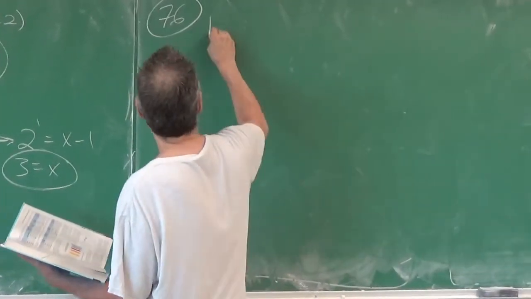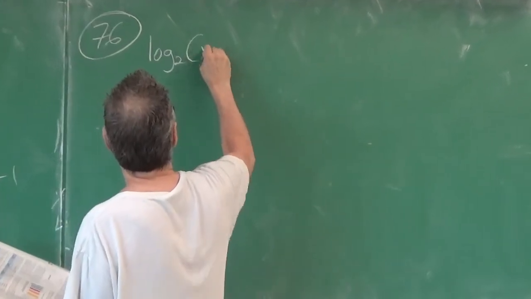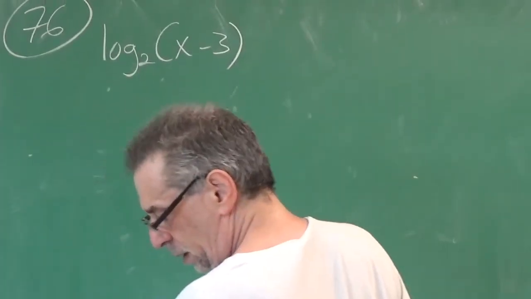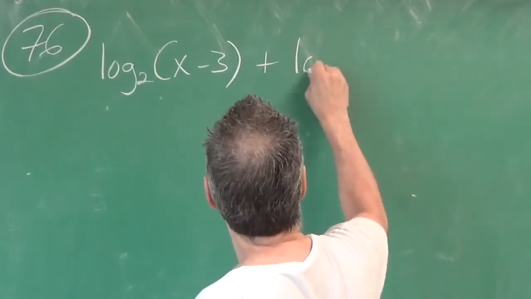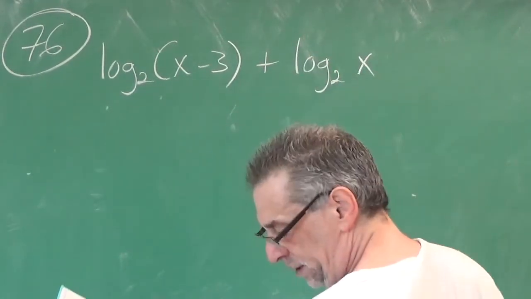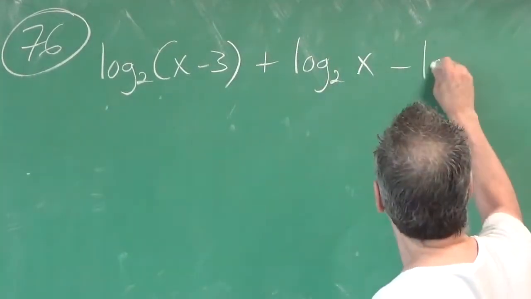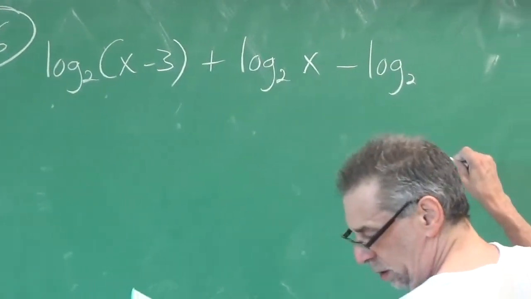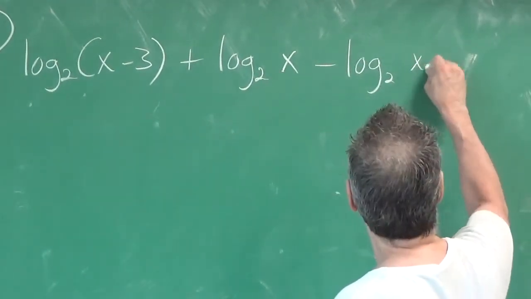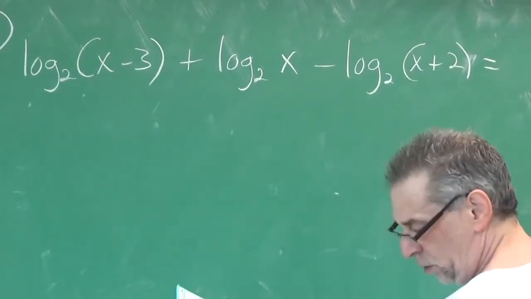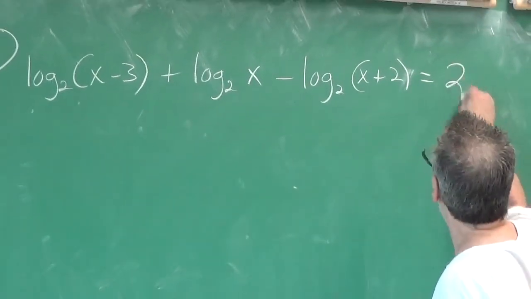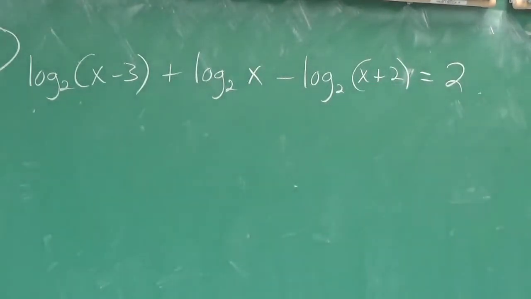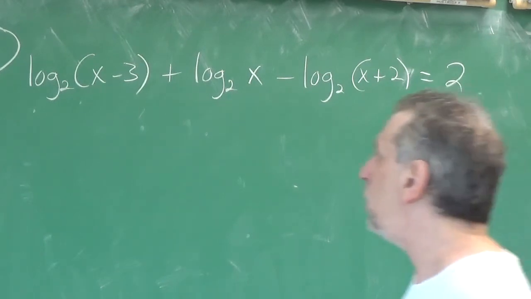You have logarithm base 2 of x minus 3 plus logarithm base 2 of x minus logarithm base 2 of x plus 2 equals 2. This one is obviously a little bit more involved than the other ones. We have 3 logarithmic expressions here, so we have to remember our properties of logs.